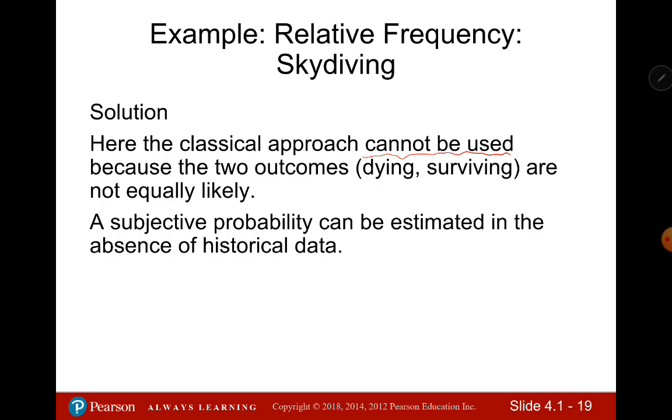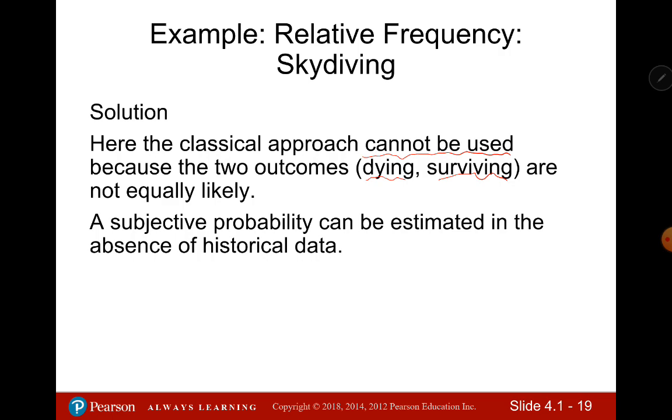Because remember, if we want to use the classical method, the events should be equally likely. Then we check the two outcomes, dying and surviving. They are definitely not equally likely. Right? They are not equally likely.